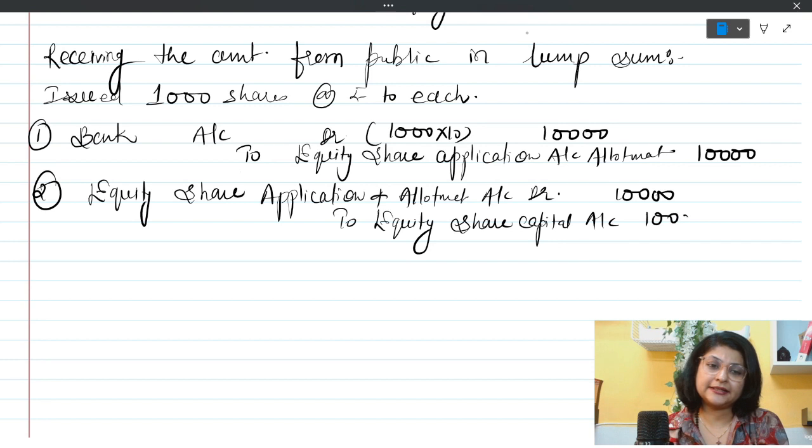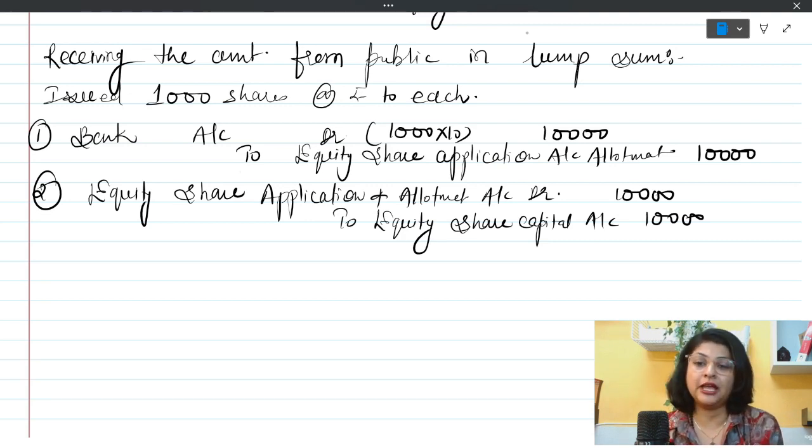I hope you got it. The only difference is that instead of equity share application we have opened a joint account, equity share application and allotment, and only these two entries are going to be there. There won't be any other entry because everything you have taken in one installment only, or in lump sum.